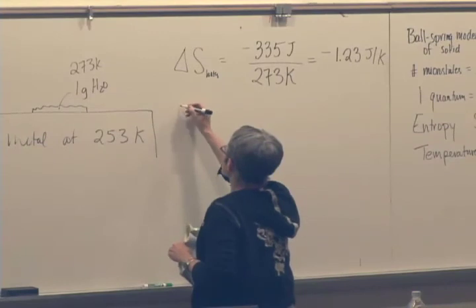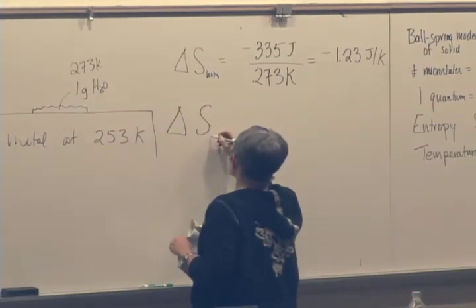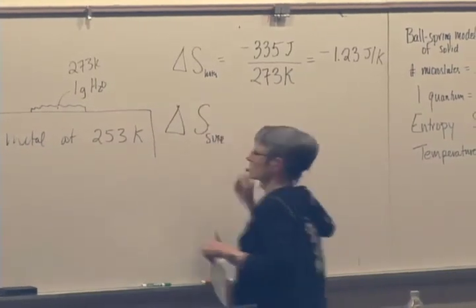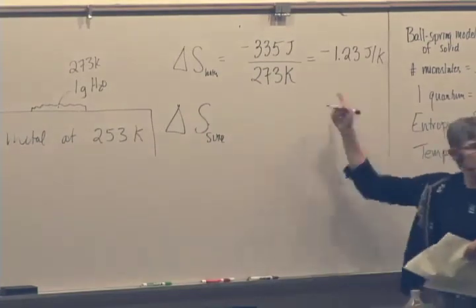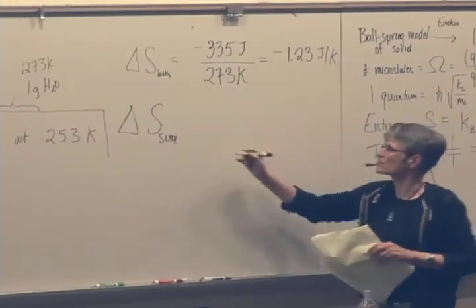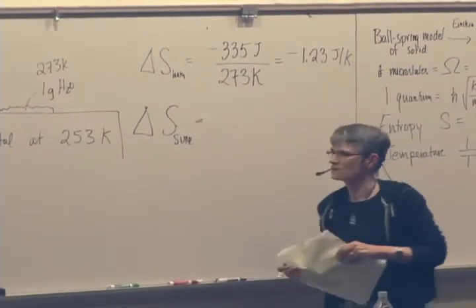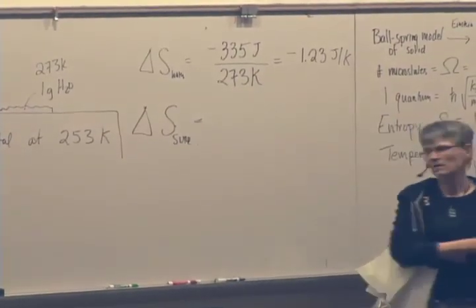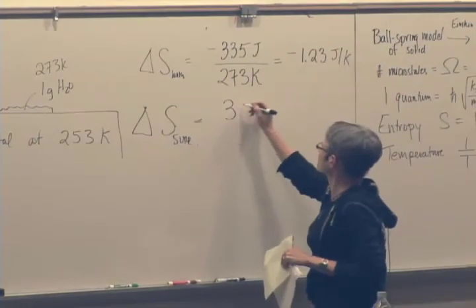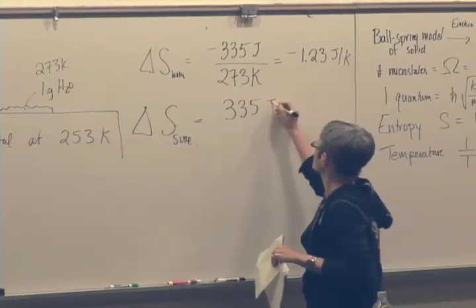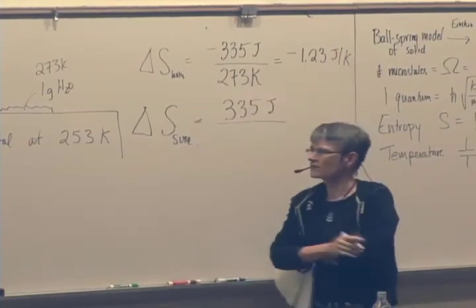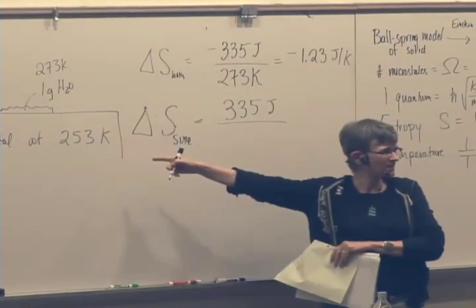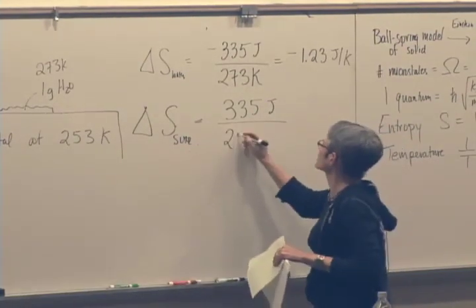What about the surroundings? What do you think? Is the entropy of the surroundings increasing? It better be, huh? Yeah, we think so. So how do I calculate the entropy change of the surroundings? Okay, 335 joules flow from the ice to the surroundings. And the surroundings stays at about 253 Kelvin.